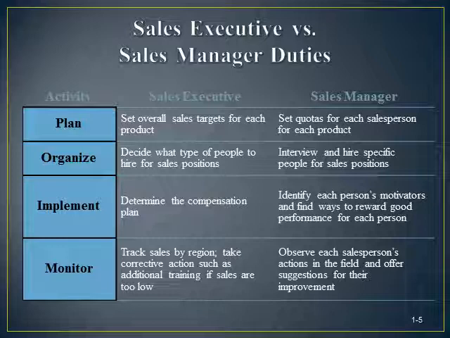He may suggest more improvements for each individual if necessary. Whereas the sales executive is at the upper level and his duty is more general. He is going to track the sales by region, and if he takes any corrective actions, it will be by giving additional training if he discovers that sales are too low.